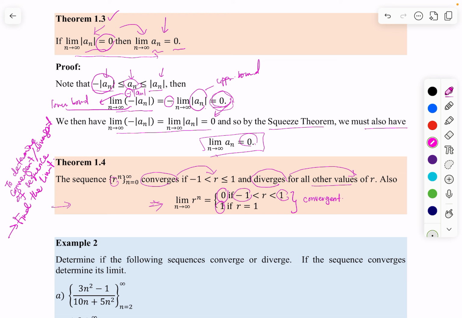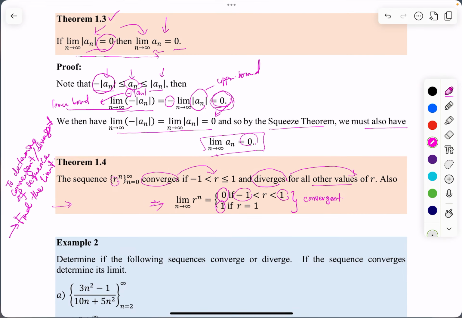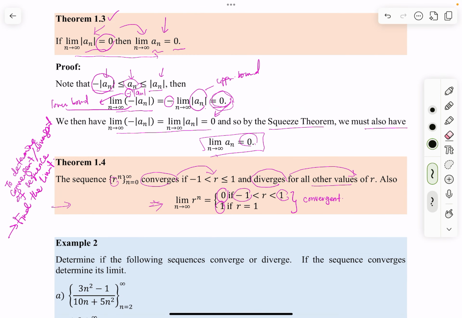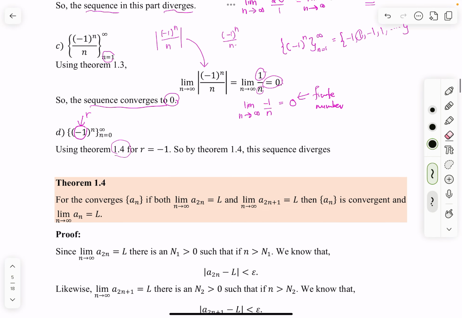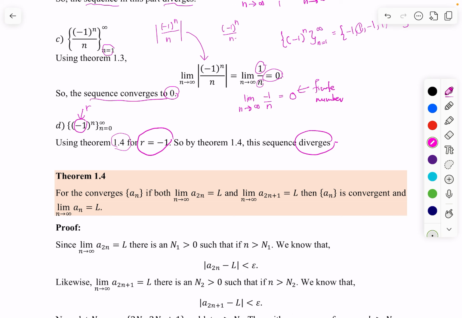In this case, r does not fall within this condition, so it means that the sequence diverges. Because r is -1, it doesn't fall in the convergence condition. So this one you apply theorem 1.4.